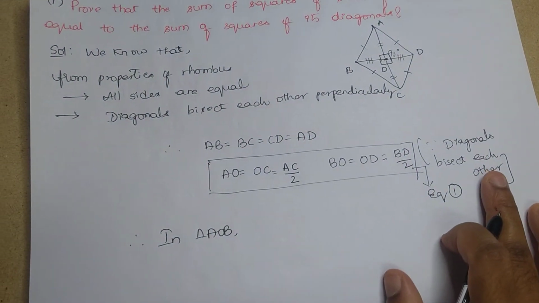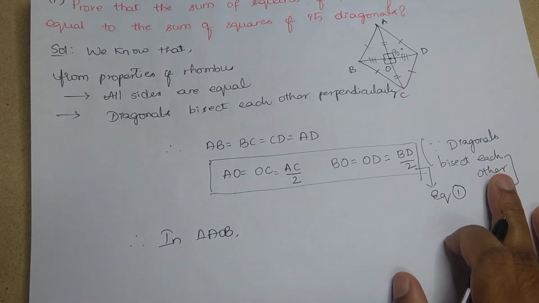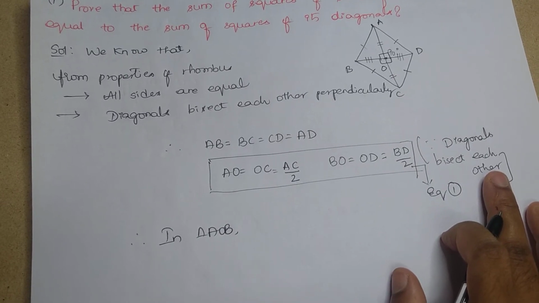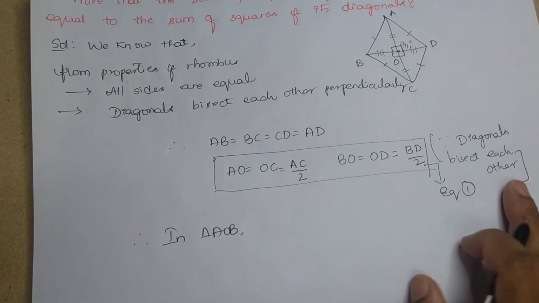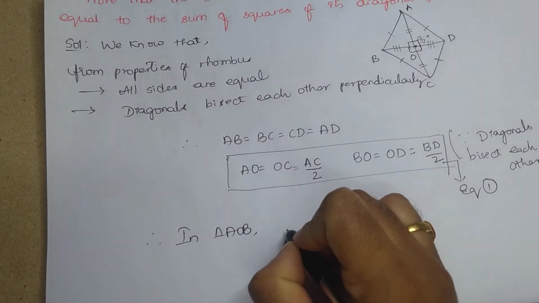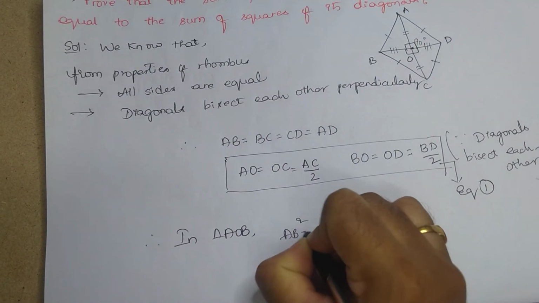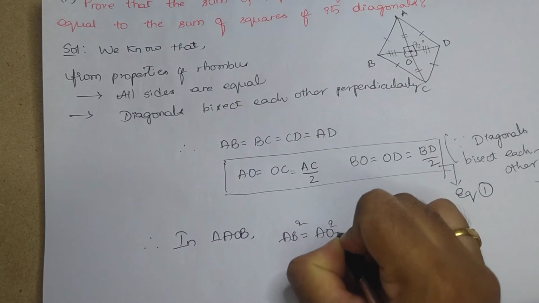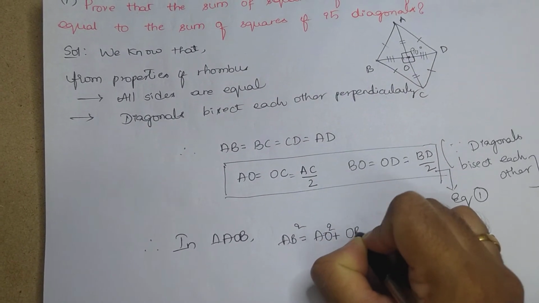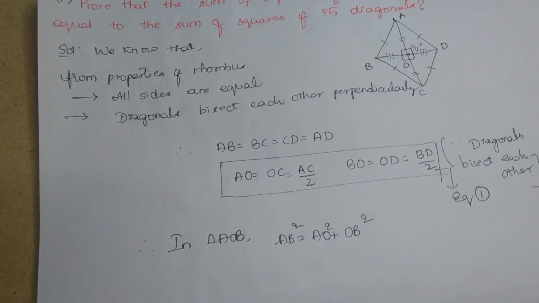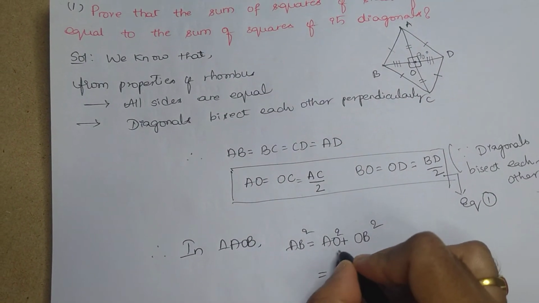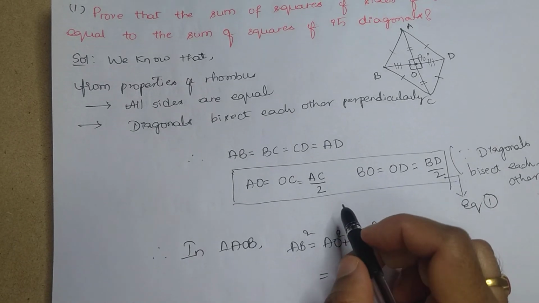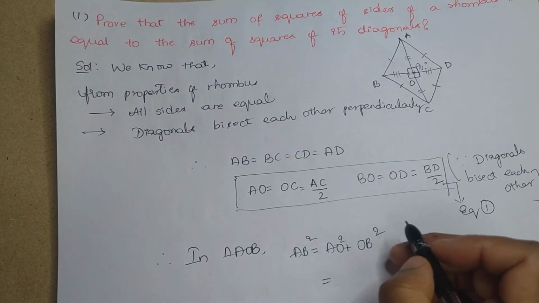So what does the Pythagoras theorem state? It states that the square of the hypotenuse is equal to the sum of the squares of the other two sides. So in triangle AOB, AB square equals AO square plus OB square. Correct? So in the RHS, AO can I write as AC by 2?